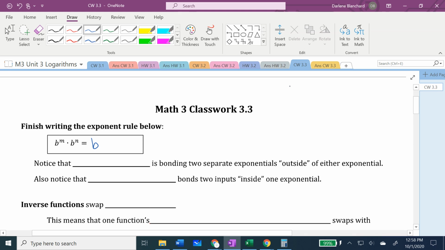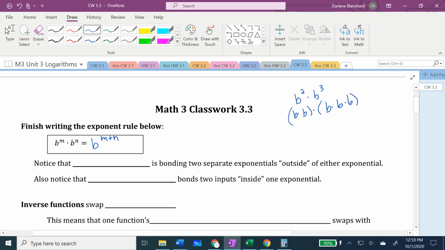And as a quick example, let's say this was b squared times b cubed. Just get a nice picture: that means you are multiplying 2 b's and you're multiplying 3 more b's. So you are adding the number of b's that are multiplying.